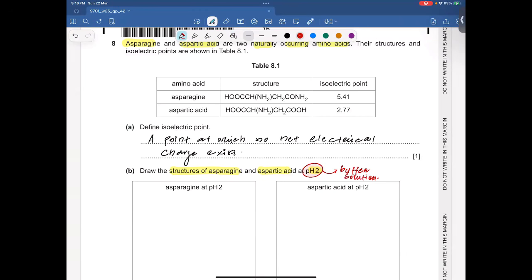And I've told you in the class that if the pH of the buffer is lower than the pH of the isoelectric point, then NH2 undergoes protonation. Protonation means reaction with hydrogen ion.